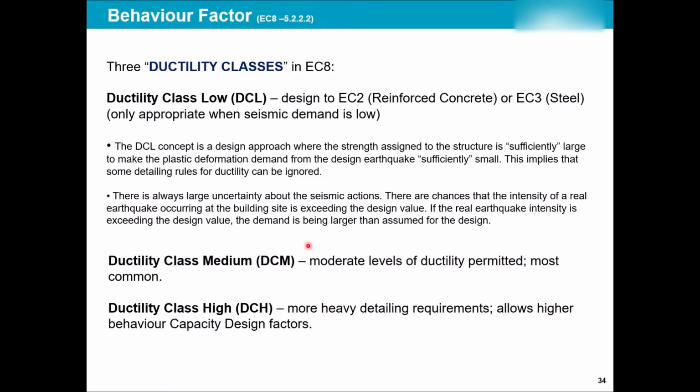So we'll see a little on how these two are different, but just remember, we don't literally work with DCL. This is for the elastic design, for the gravity design. This is how a normal building without any seismicity is designed. When we move on to Eurocode 8, we have the medium class and the high class.